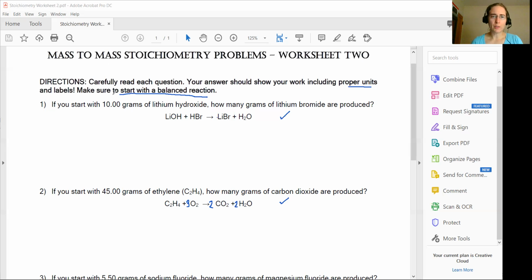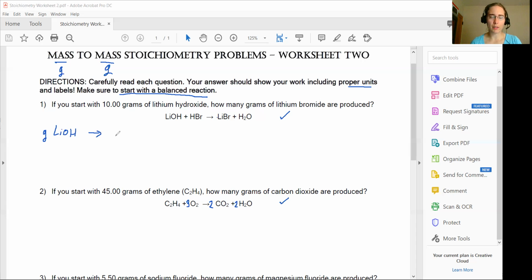One thing to note about these is that all of them are mass to mass. That's expressed here in grams, starting in grams and ending in grams. And that means that all of the problems are going to follow a pretty similar procedure. For example, if we're thinking through the process for solving this problem, we're going to start with grams of lithium hydroxide.